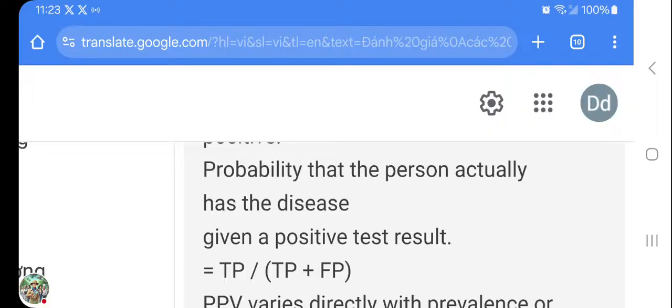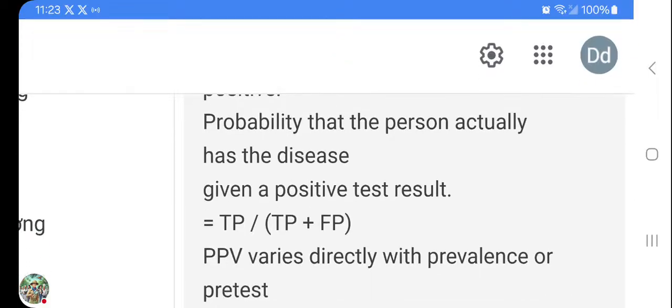And now NPV, negative predictive value, equals TN, which is true negative, over true negative plus false negative. That's square number 4 and square number 3.